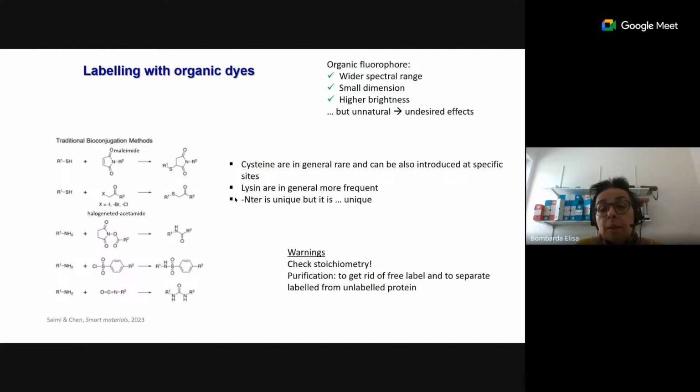Some warnings. Of course, you have to check the stoichiometry. That means you have to be sure that you have one label per protein, and you maybe want to purify your sample again in order to separate the proteins that were successfully labeled from the ones that are not labeled.